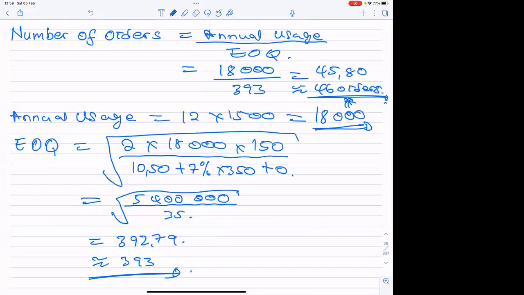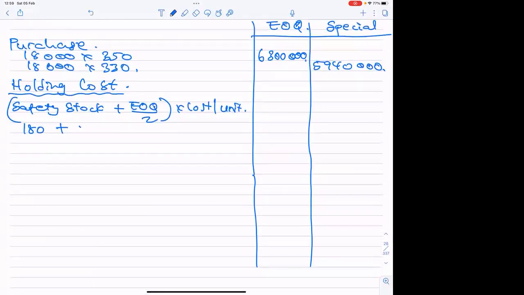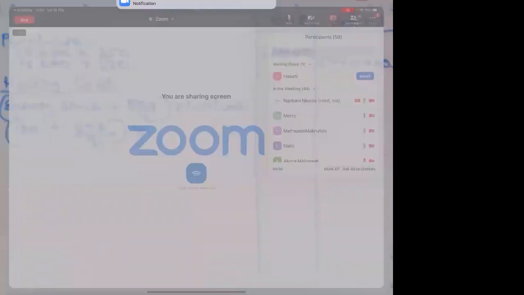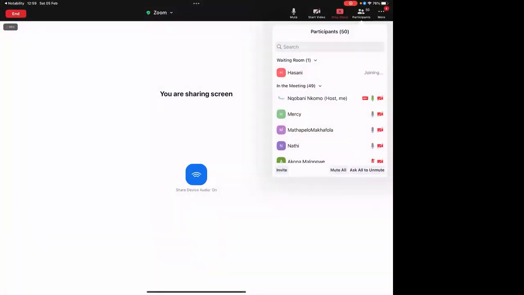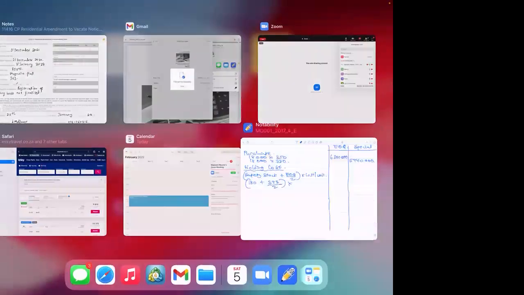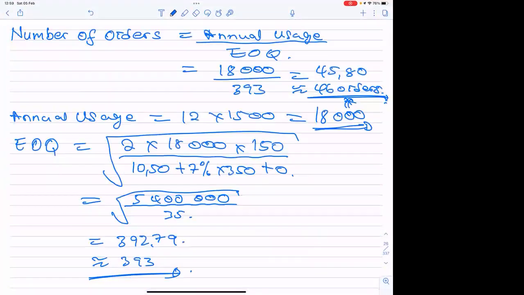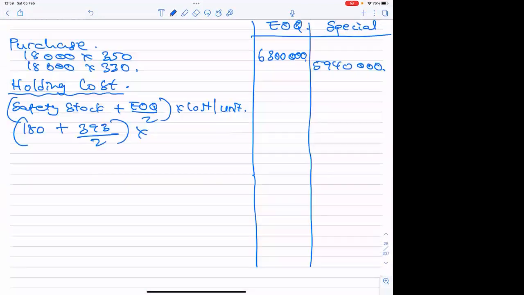We said our economic order quantity is 393 divided by 2 multiplied by the holding cost. Holding cost per unit is 35. Then you get your answer.